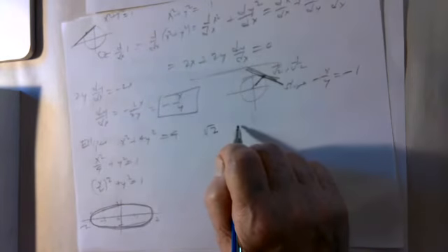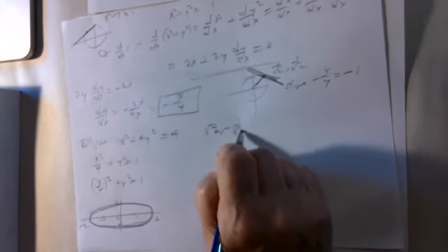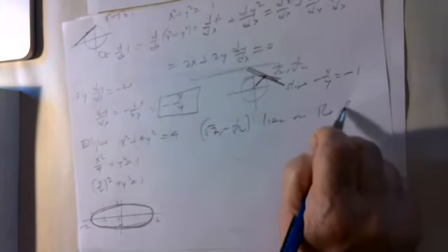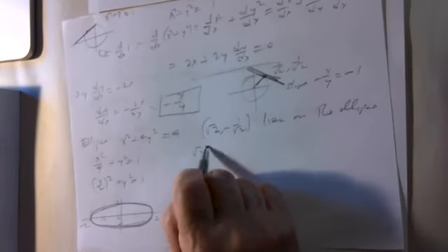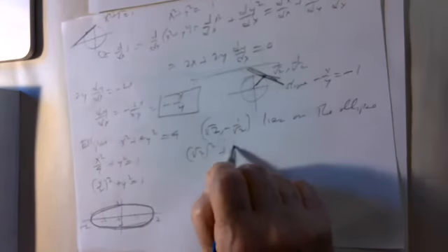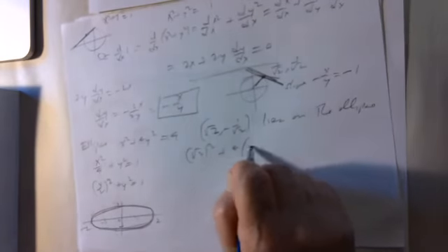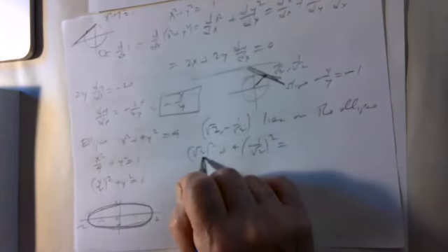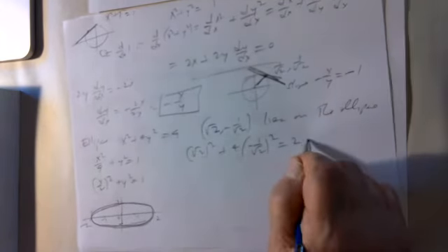On this ellipse, there is the point square root of 2, minus 1 over square root of 2, because this point satisfies this equation. If we take square root of 2 squared plus 4 times minus 1 over the square root of 2 squared, when you square the square root of 2, you get 2.